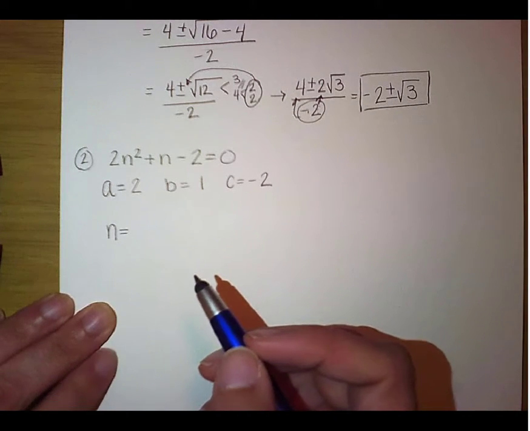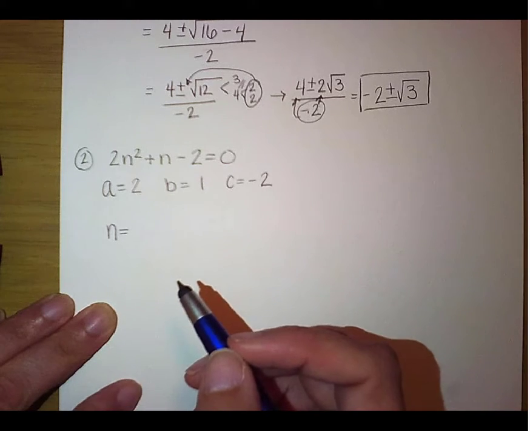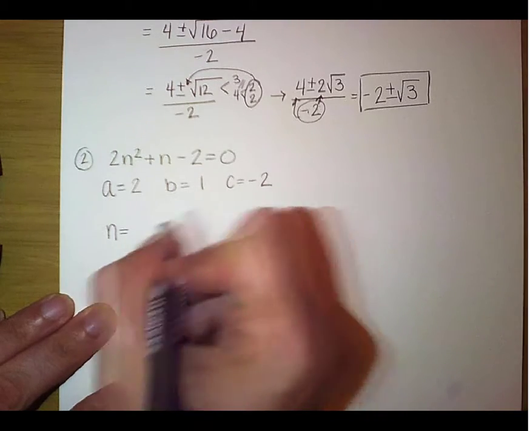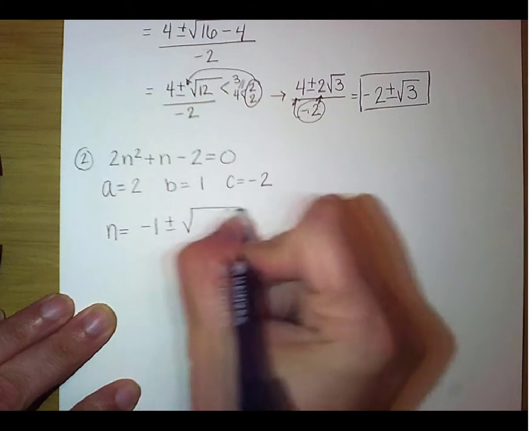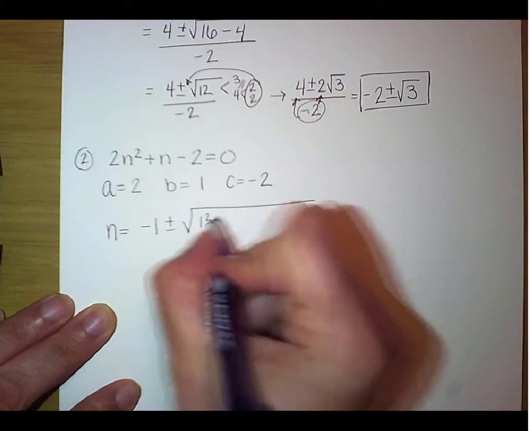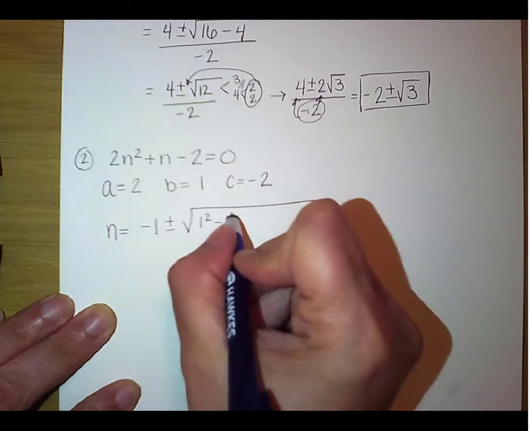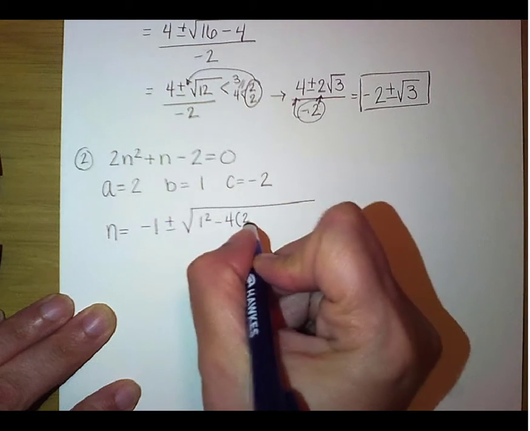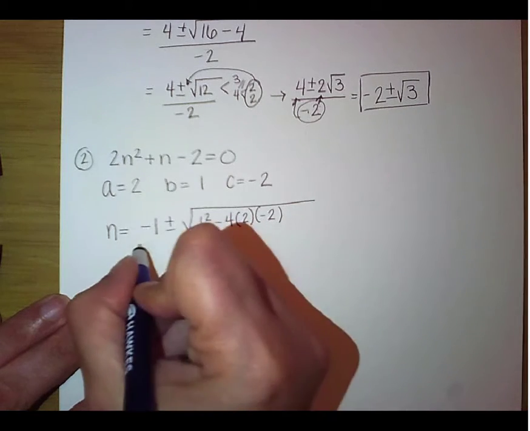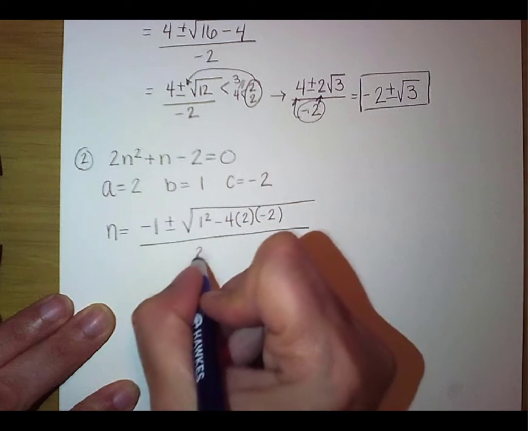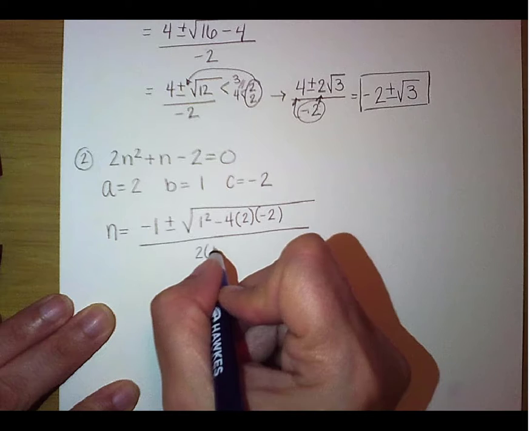Other than that, my quadratic formula is exactly the same. So I've got my -b, so I'm going to have -1 plus or minus the square root of 1 squared minus 4 times a, which is 2, times c, which is -2, all over 2 times 1.